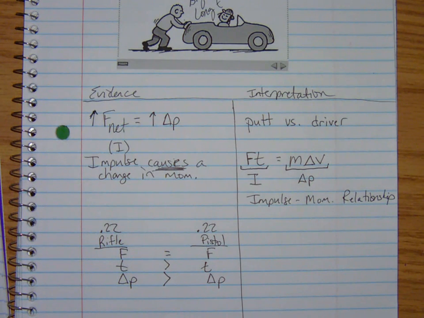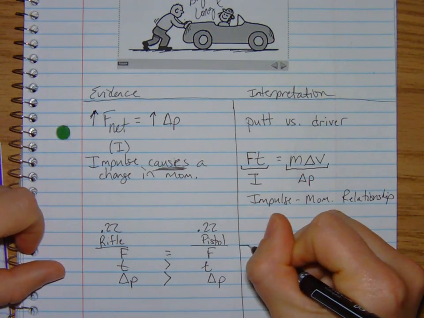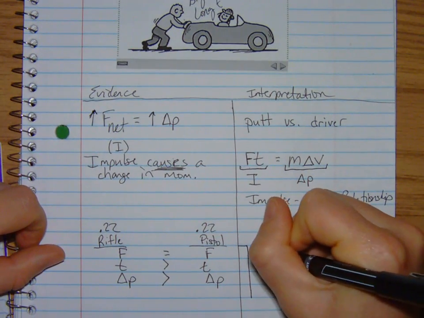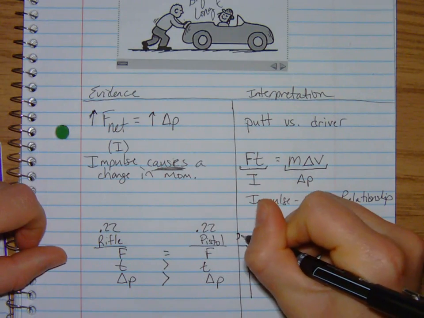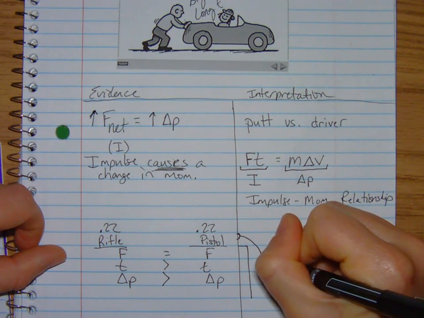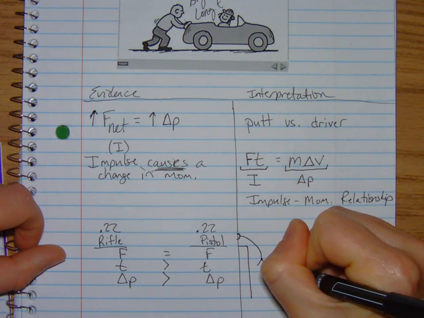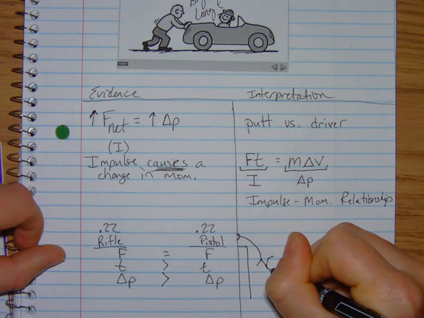Let's talk about a situation where you wouldn't want a short time to stop. It's more of a safety thing. Now this is going to be a fantastic drawing right here, but I'm going to have somebody bungee jumping. So here's their little hook. Here's the cord. And because I can't draw, that cord is going to hook to their feet.